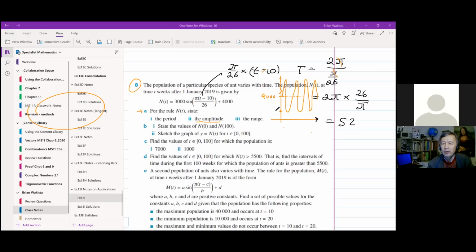The range is for y, the range for n. So what are A and B? If the shift is 4,000, that means the equilibrium is at 4,000. That's right, the equilibrium will be at 4,000.